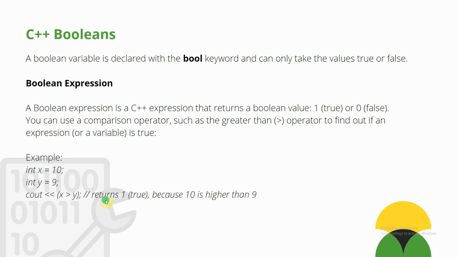It will return 1 because it's true, since 10 is greater than 9. If these numbers are changed, for example y is declared as 12, it will not satisfy this greater than operator, since 12 is greater than 10. So it will return a 0 value because this expression is false.